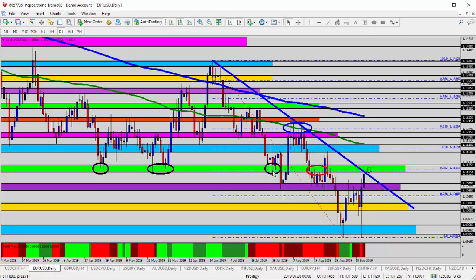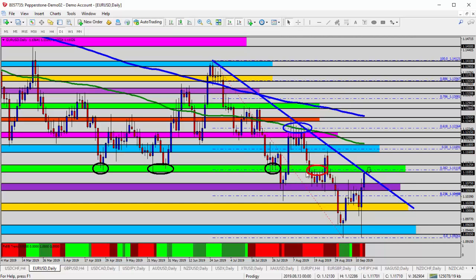If you've been trading for any amount of time, you know that historical support can help you identify future potential resistance, and vice versa. In this case, we're looking at the black circles showing support historically around this same green shaded area, so we might expect resistance. So now that's three things telling us potential resistance into the 1.1105 to 1.1125 green shaded area.